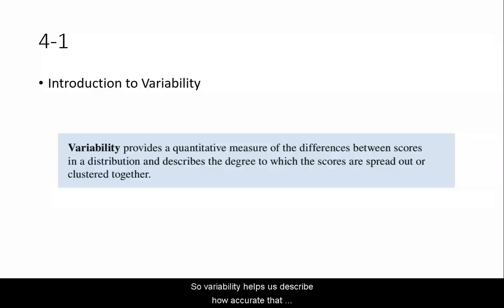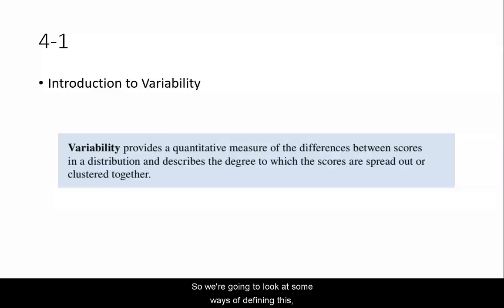So variability helps us describe how accurate that mean is as a representative number for the whole. And it also might then tell us that we want to use a different measure of central tendency, like the median or the mode, depending on how great the variability is in our data set.